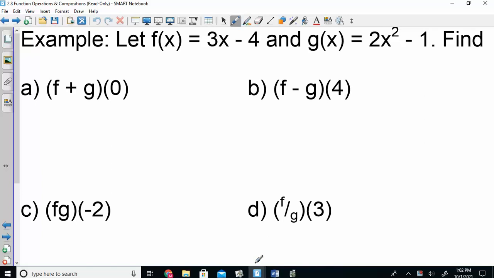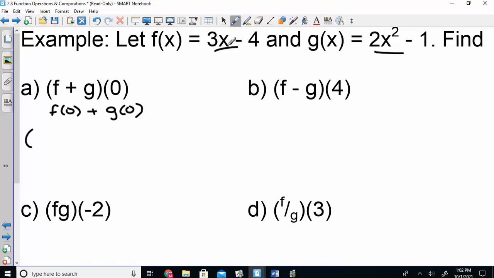So we have two options. We can take the actual equations for f and g, add those together, and then plug in 0. Or probably the easier option is we can plug 0 into each of them and then add those answers together.